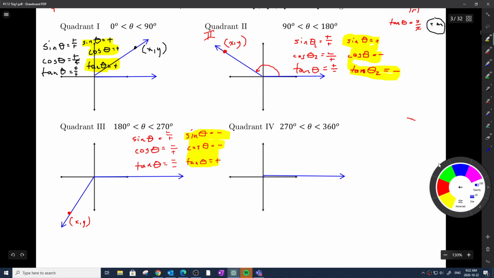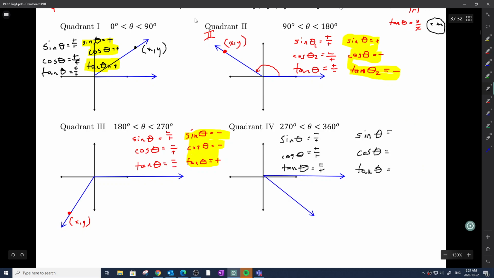You do quadrant 4. All right, so in quadrant 4, what does my angle look like? Well, if the angle is positive, it is measured starting from the initial arm all the way to the terminal arm. So we might be talking about an angle of 320. It's a big angle, almost one full revolution.